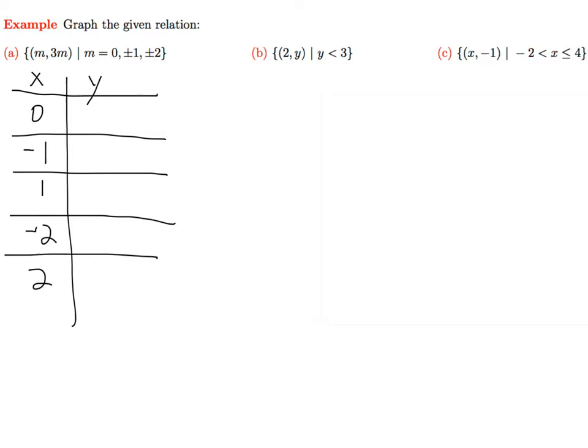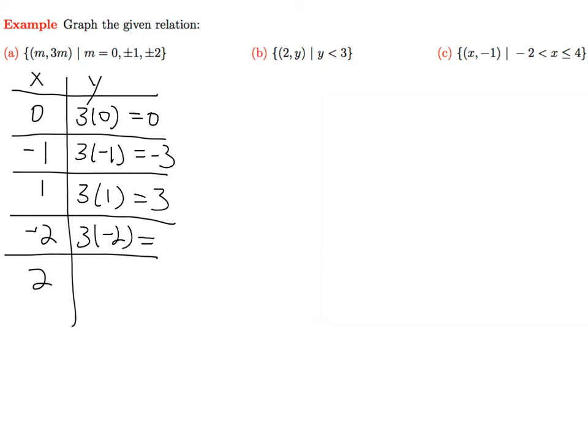So for example, when we have 0, the y coordinate would be 3 times 0, which is 0. And when we have minus 1, the corresponding y value would be 3 times minus 1, which is minus 3, and so on. Okay, and so for the last one, when x is 2, the corresponding y coordinate is 3 times 2, which is 6.